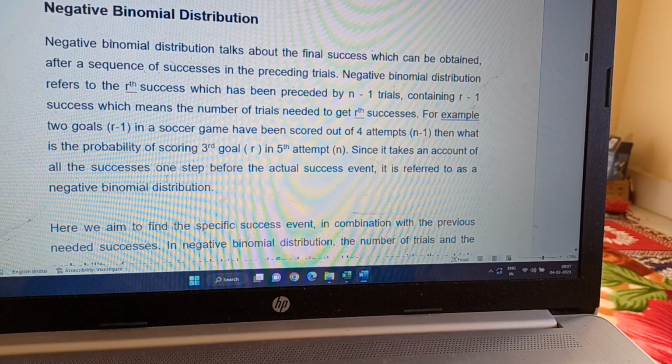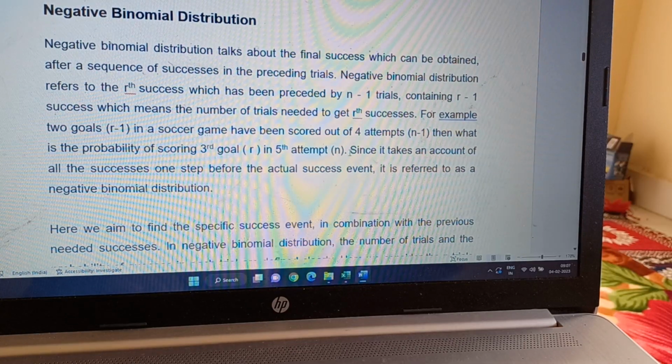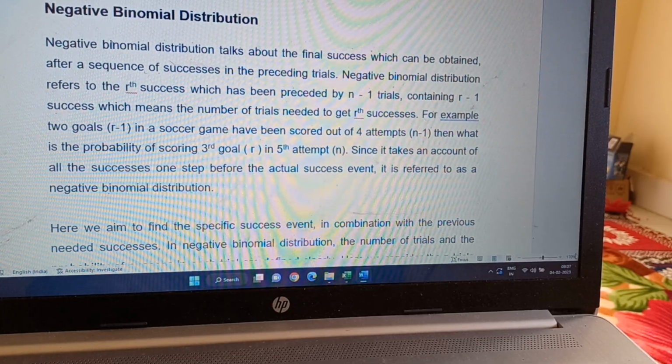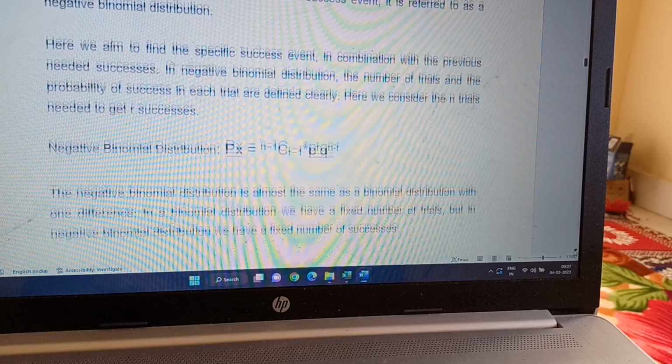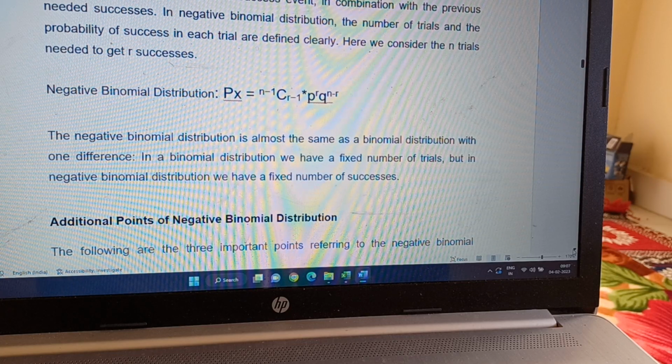So why is the name negative? Because it takes into account all the successes one step before the actual success event. So that's why it is called negative binomial distribution. So how do we solve it? Here we want to find the specific success event, which is the third, in combination with the previous needed successes.